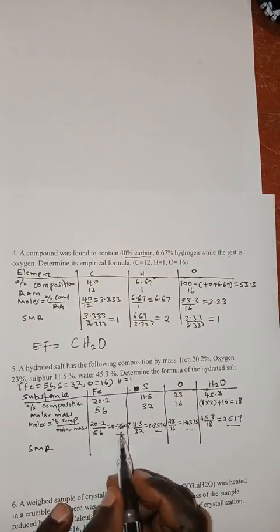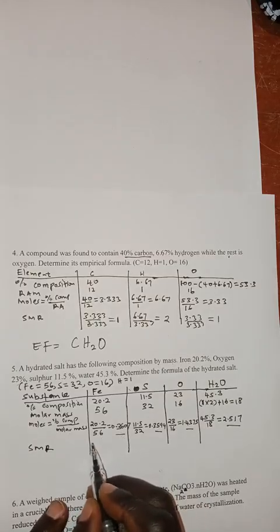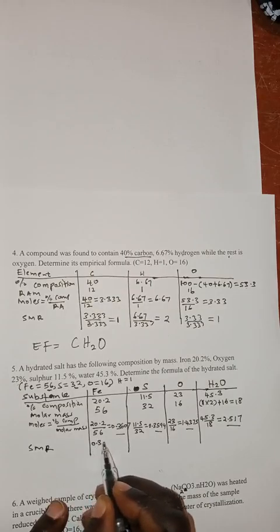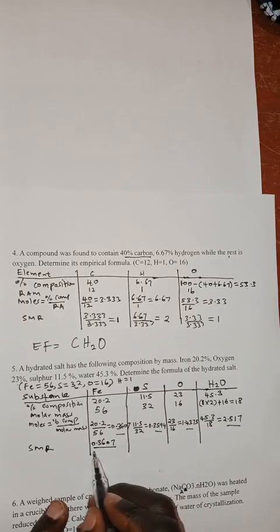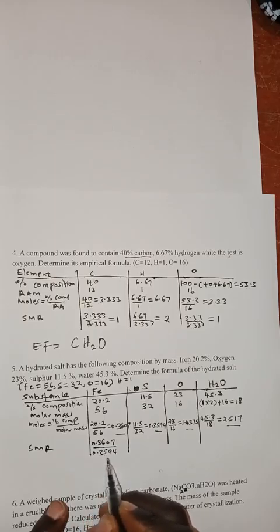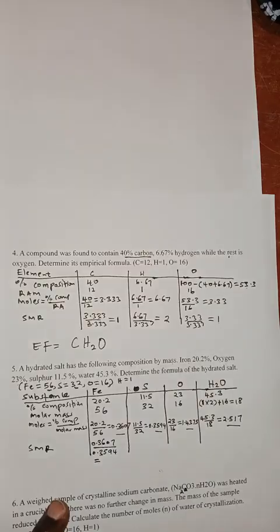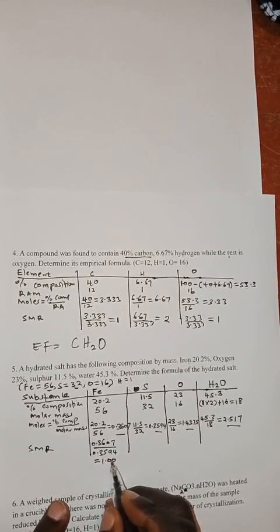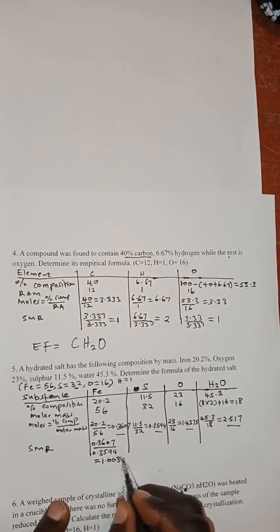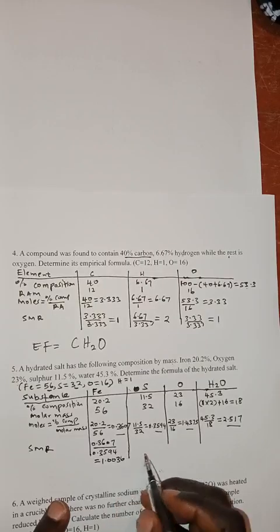So beginning with iron, we are going to take 0.3607 divided by the moles of sulfur, which is 0.3594. So when you do that calculation, you now get 1.0036. Those are the moles of iron.